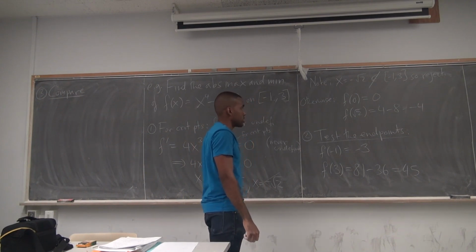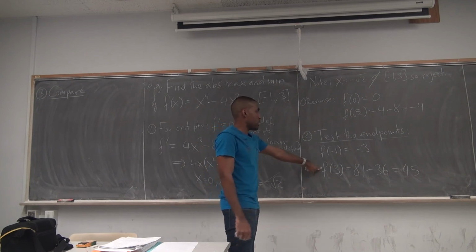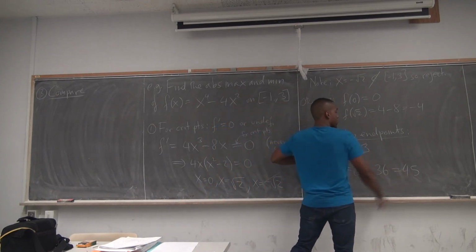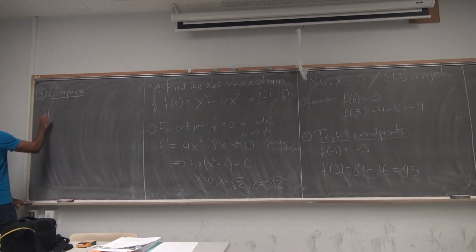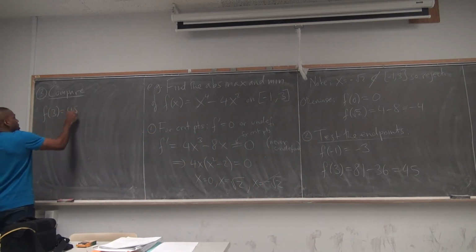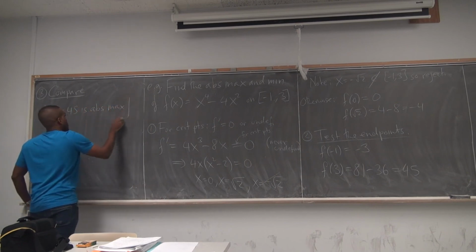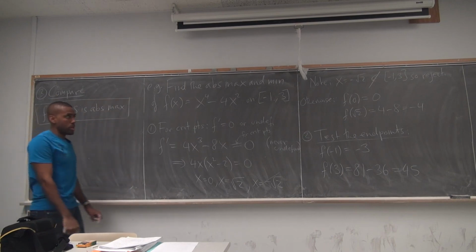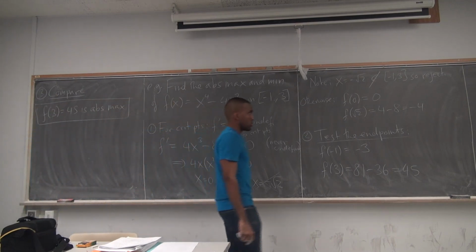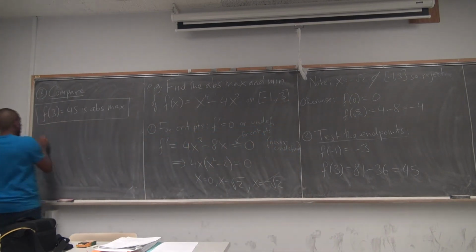Who's the absolute max? F of 3. The value I get there is 45. That's bigger than everyone else. F of 3 equals 45 is the absolute max. It is the biggest y value around. Absolute min: f of radical 2, it's minus 4. That's the smallest value around.